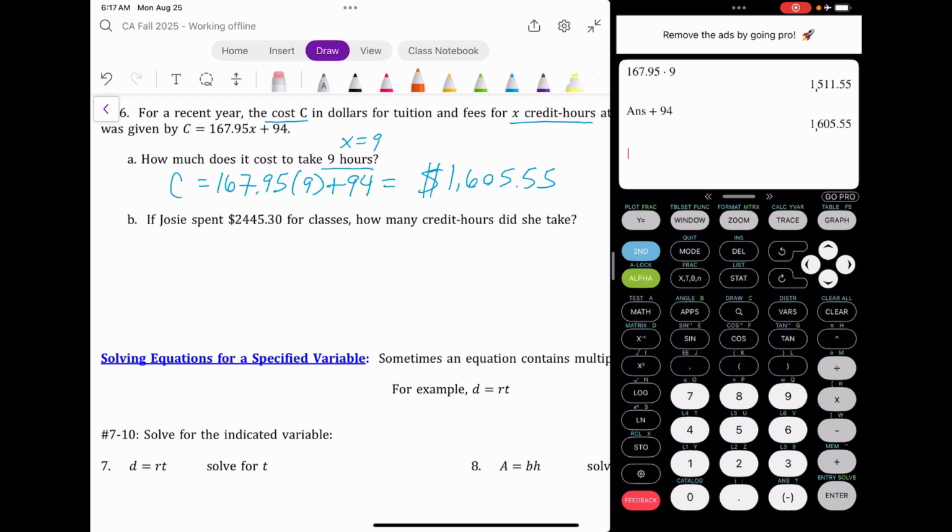Okay, next part. If Josie spent that much money for classes, how many credit hours did she take? So this is working backwards. So we plug that value in for C into our equation, and we're going to solve for X. So we'll start by subtracting 94 from both sides.